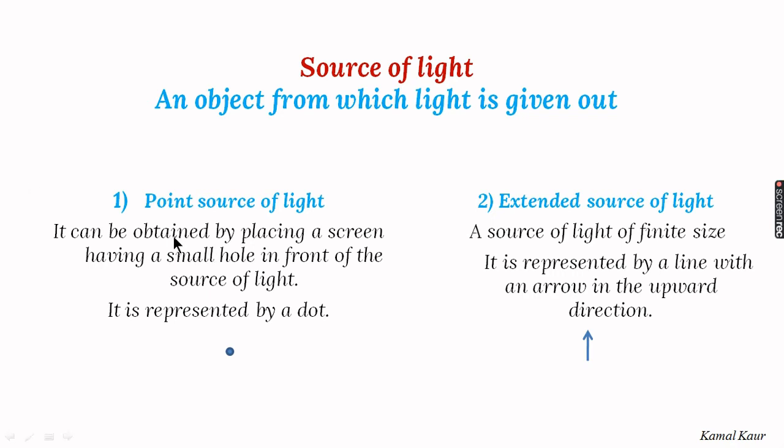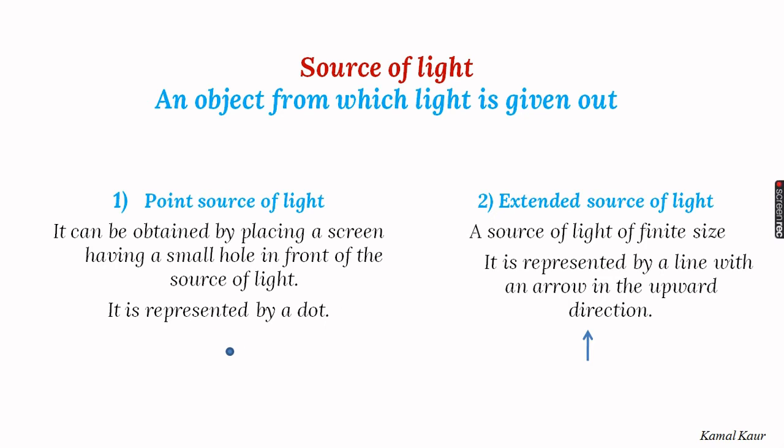So we can obtain a point source by placing a screen having a small hole in front of the source of light, or we can keep the source of light inside a box with a small hole so that light will come out only through that hole and it will be considered a point source of light. We represent a point source as a small dot.